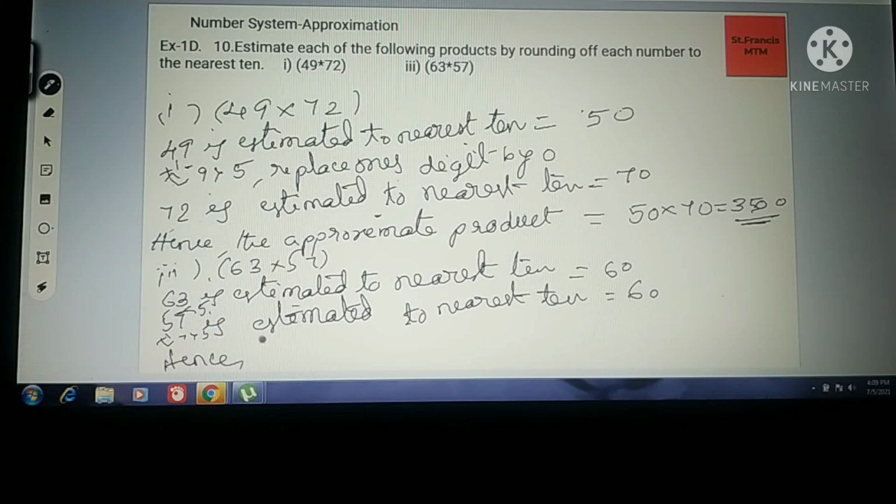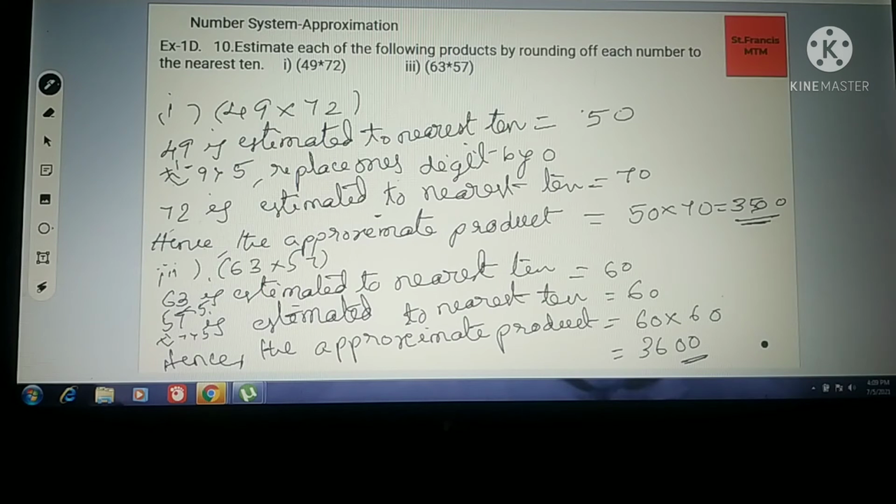Hence the approximate product is 60 into 60. What you get here? 3600.